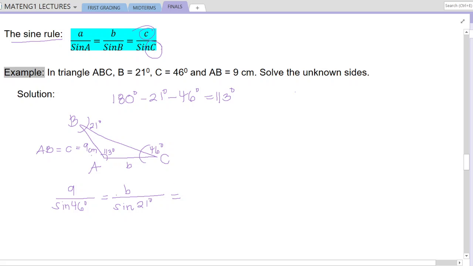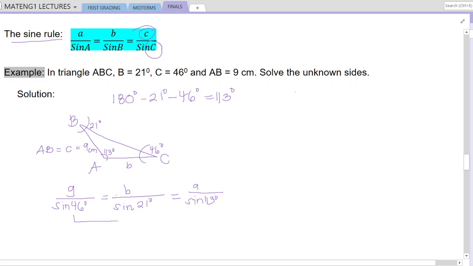Okay, c there is unknown already, so we have there A. Okay, small letter a is to sine 113 degrees, so this is 9. Okay, so having that one, we may now be able to get the values of the other sides, which is b and a, using sine rule.